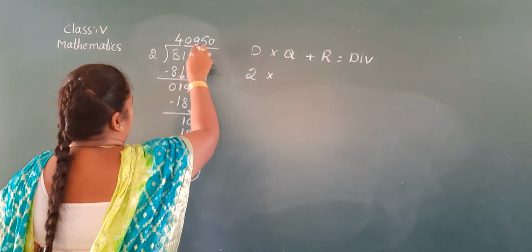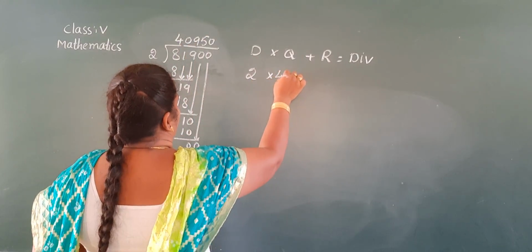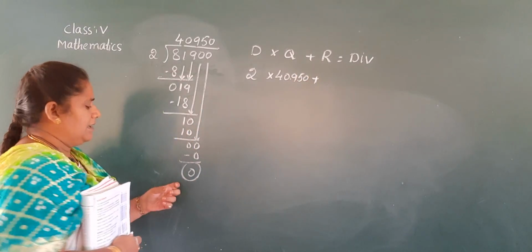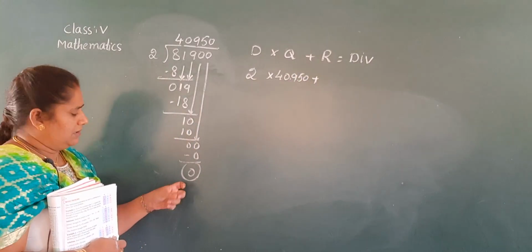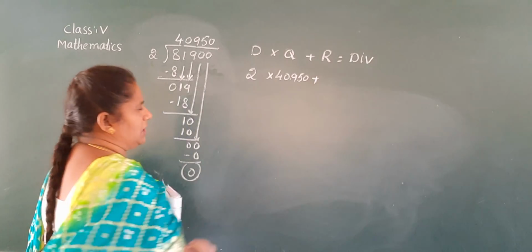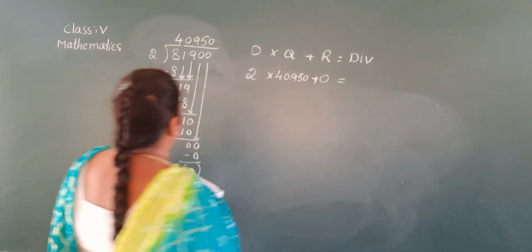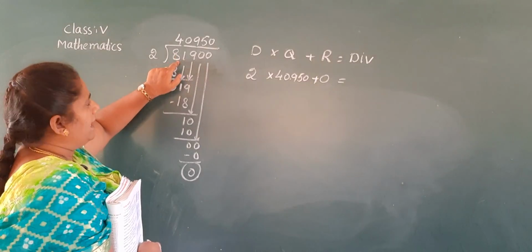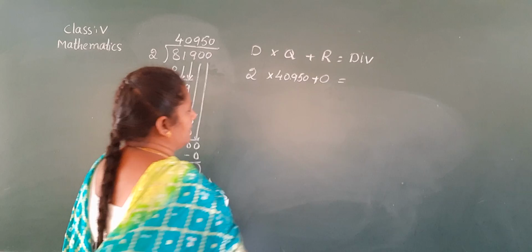And what is the quotient? 40,950. And what's the remainder? The number left after division. Here the number left is 0. Now what's the dividend? The number which has to be divided is called the dividend. 81,900.